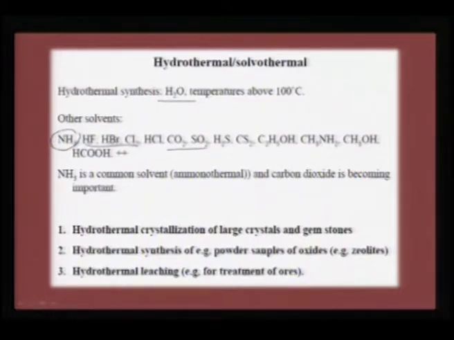And these days, because of green chemistry, supercritical carbon dioxide is now taking more attention than even the hydrothermal process, because carbon dioxide in its critical state can become a very good solvent also. So, this is actually becoming a prime focus in green chemistry, and you can also see alcohols which can perform the job.